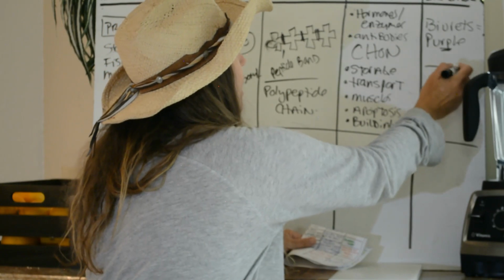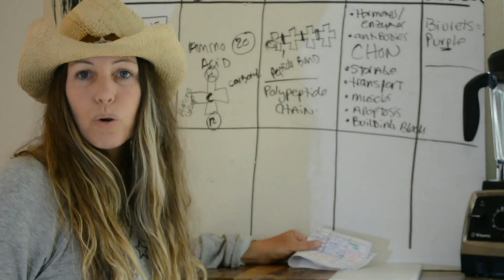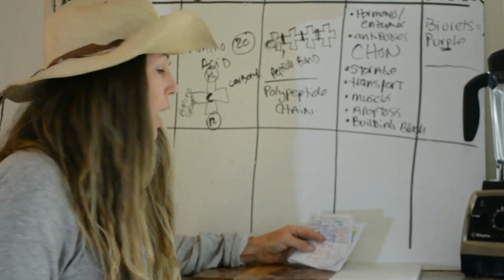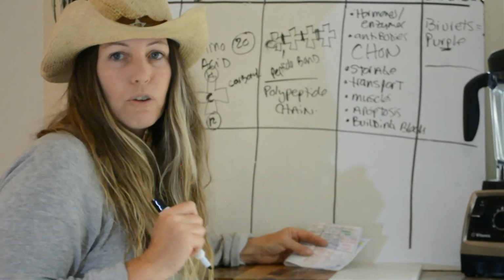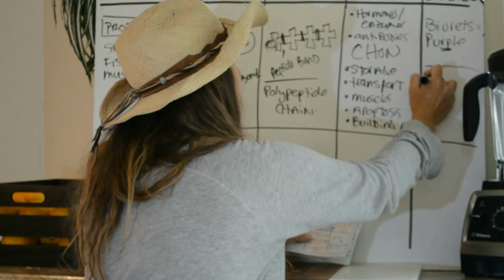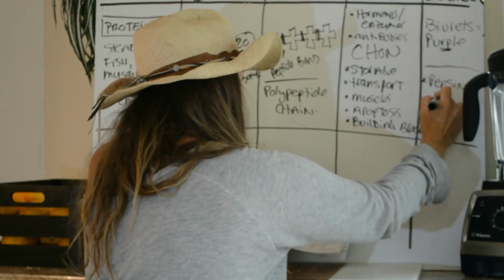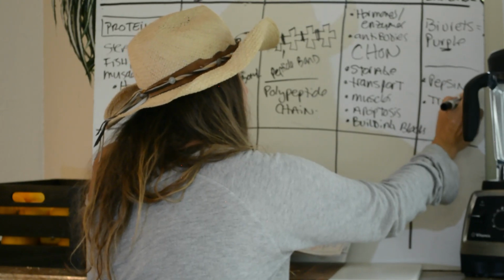Now, in order to break down proteins within your body, we have specific enzymes to help do that. Now, there's two enzymes I would like for you guys to know. The first one is pepsin, and the second one is trypsin.